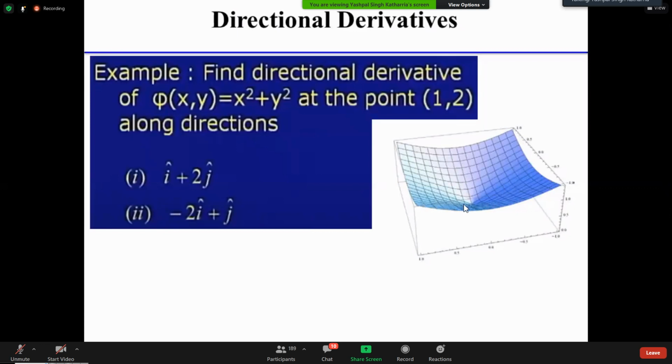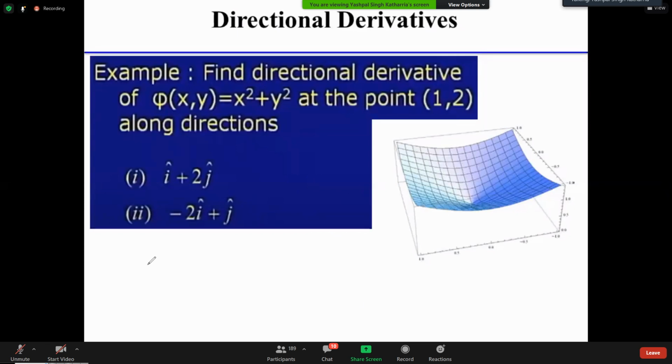If you go along x or along y directions, this function is actually changing at different rates. It's not changing at the same rate. So we'll try to define the directional derivative. What will that be?